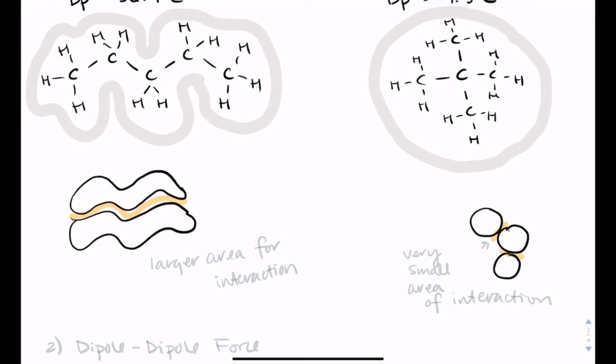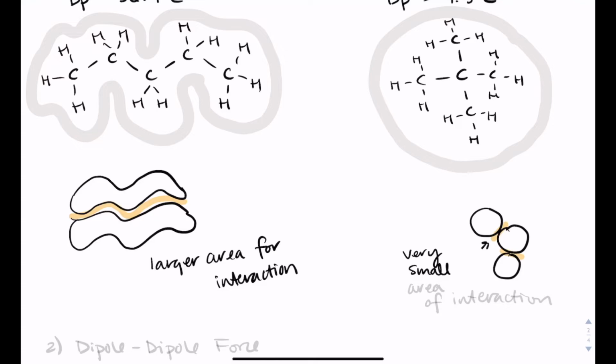For the neopentane, it's a sphere. You really just have whichever one side has the partial charge to interact with the induced charge on another molecule. So they have very different areas for interaction.